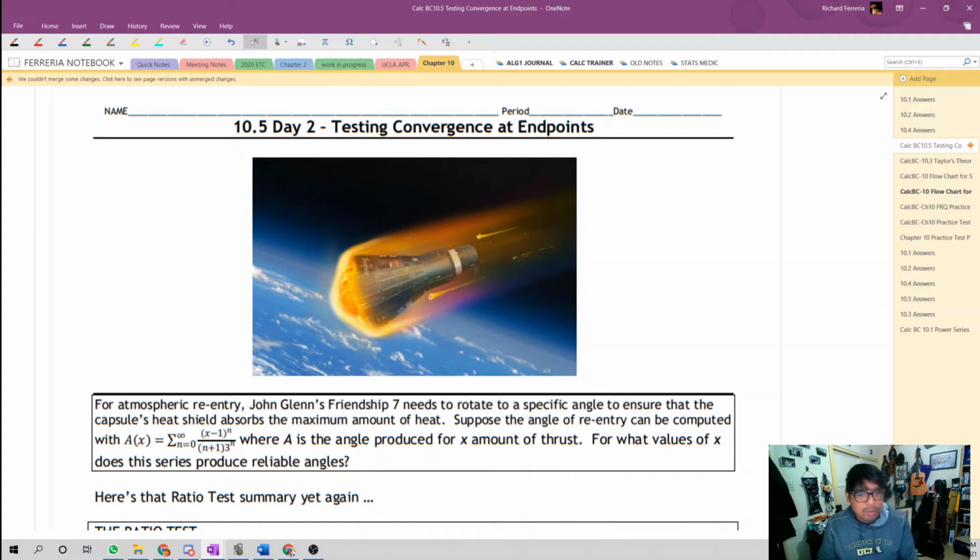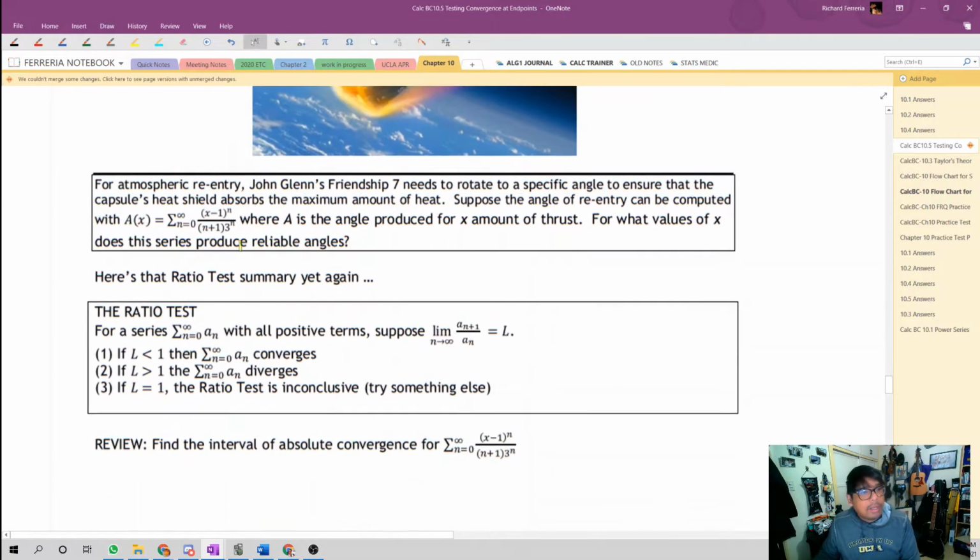The question here is what values of x, what amounts of thrust really, does the series provide reliable angles?